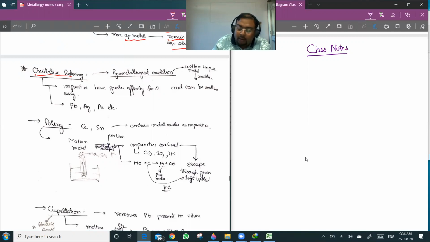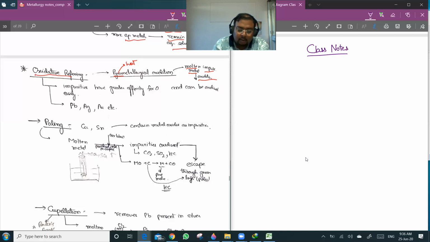Oxidative refining techniques basically rely on oxidation through heat. Pyro means heat. Basically the molten impure metal is oxidized in such a way that the impurities which have more affinity towards oxygen are converted into oxides.